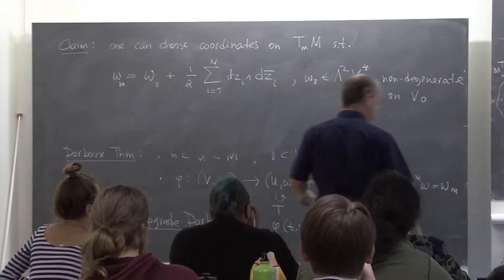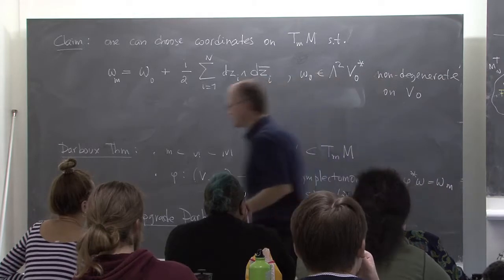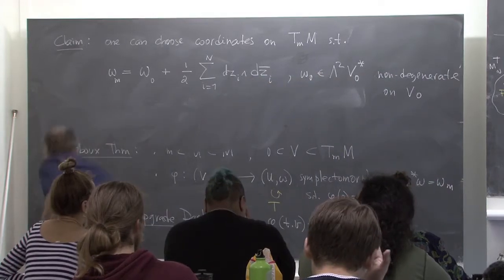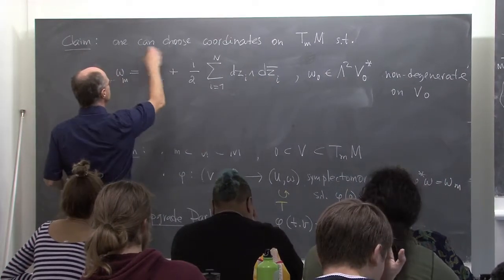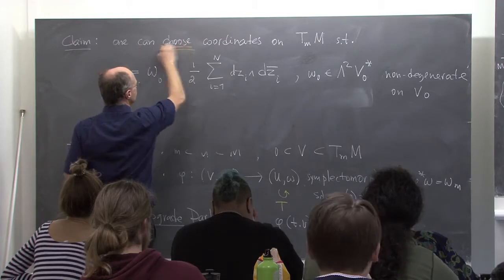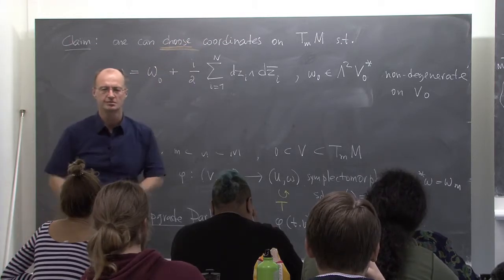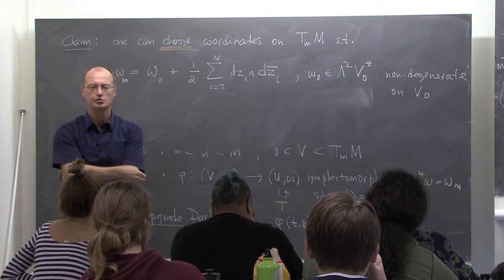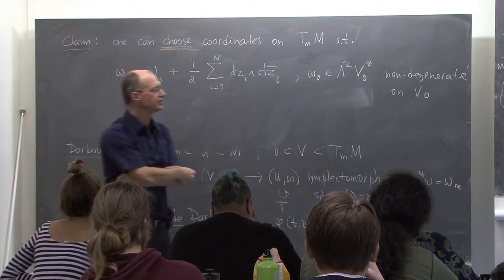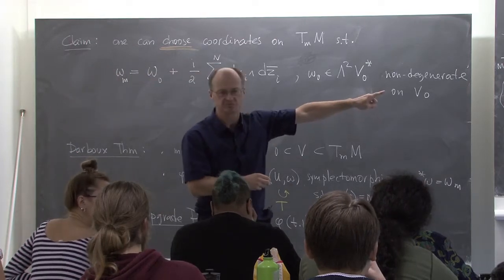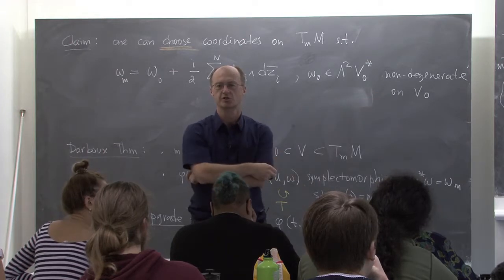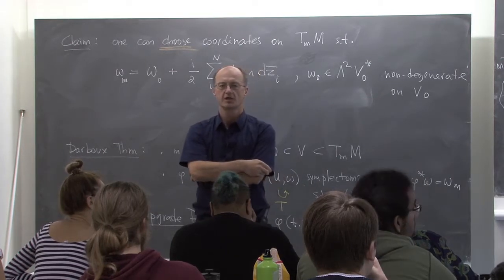Now, maybe something should be slightly worrisome in this statement. I would say this word choose. So what does it mean, choose? What is it to choose? There looks like there is not much of a choice.